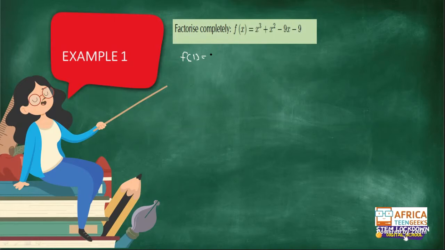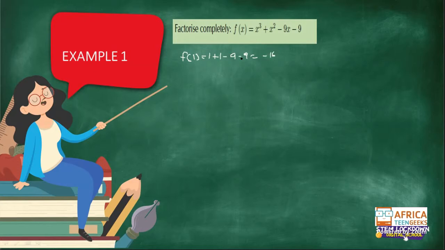You'll realize that if you substitute with 1 in the whole equation, you'll get 1 plus 1 minus 9 minus 9. If you solve this, you'll get negative 16.